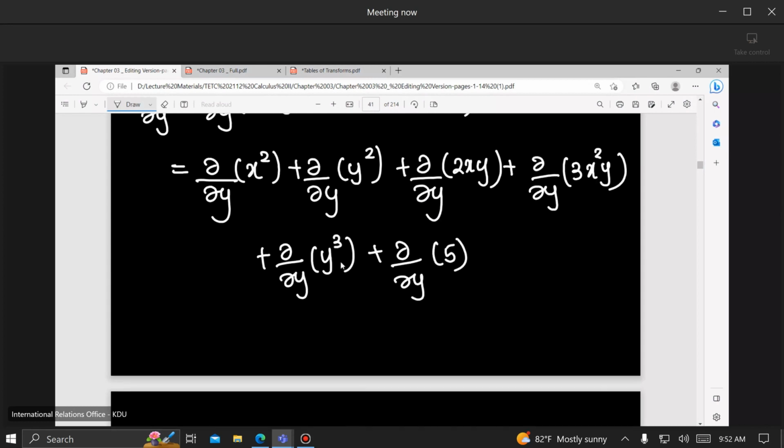Okay. So now we are going to differentiate this function with respect to variable y by assuming the variable x is a constant.